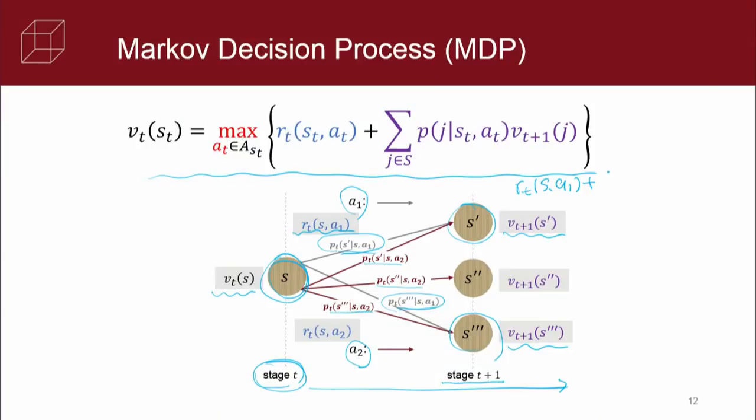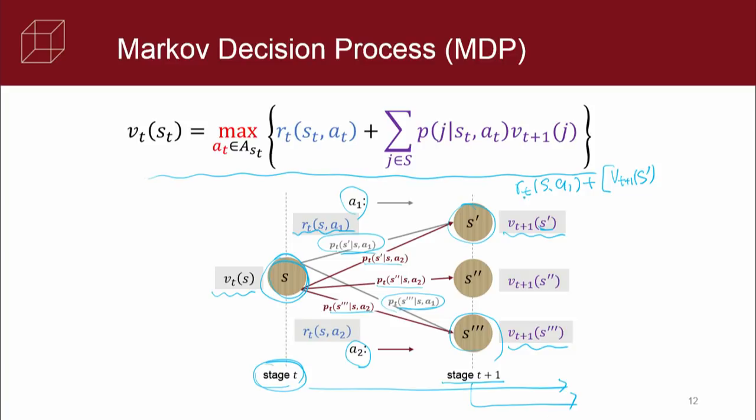So Vt plus 1 represents the maximum total expected rewards in this state S prime from the stage t plus 1 to the end, right?